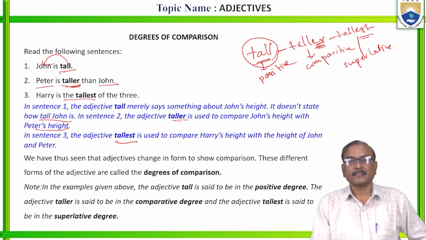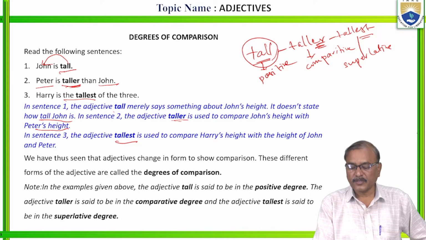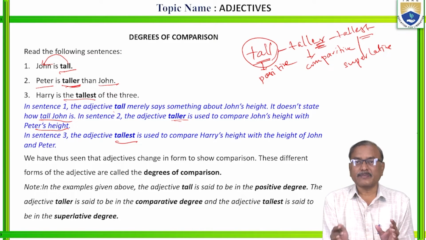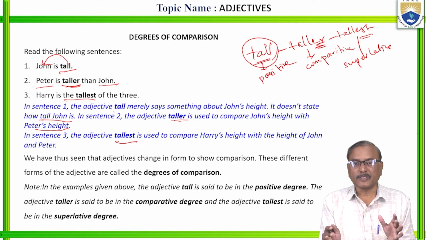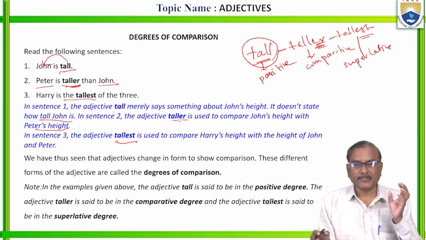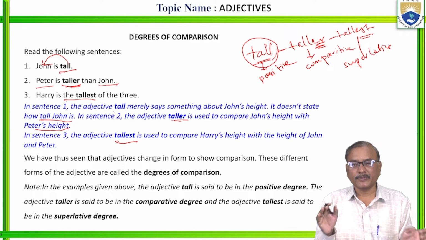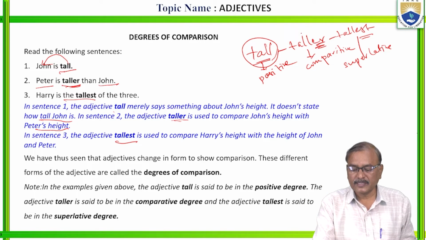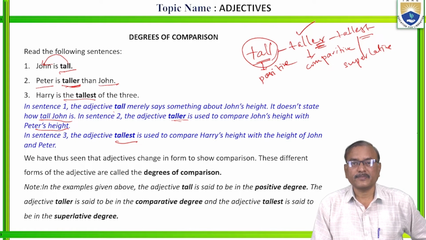Is it clear? So when the comparison is made between one person and another person, between one person and a group, between one thing and a group, or between two things, this comparative form is used.